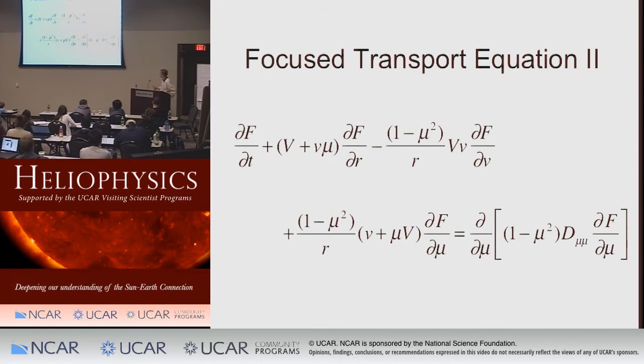So this allows for beams moving along the magnetic field, or somewhat wide beams, but you're not close to isotropy in this case. So this is a fairly general case. And the terms that are important here, for example, the reason it's called the focused transport equation is this term here. This is the term that focuses: if you go into a weakening magnetic field, the particles focus towards propagation along the magnetic field.